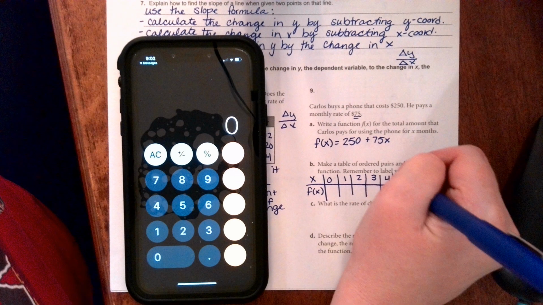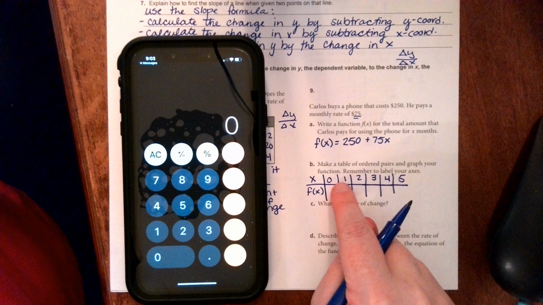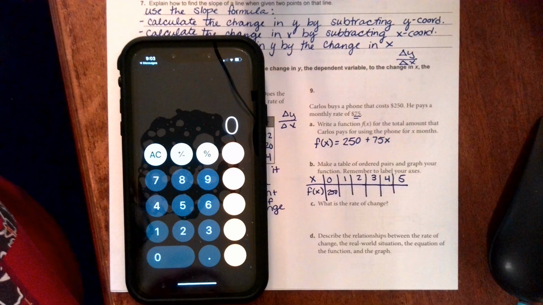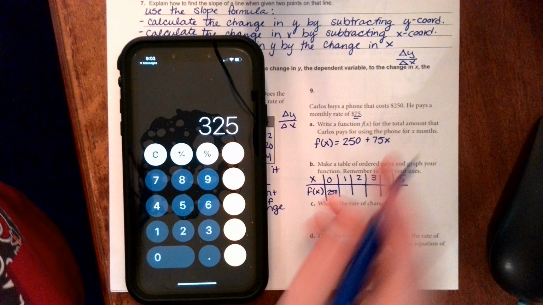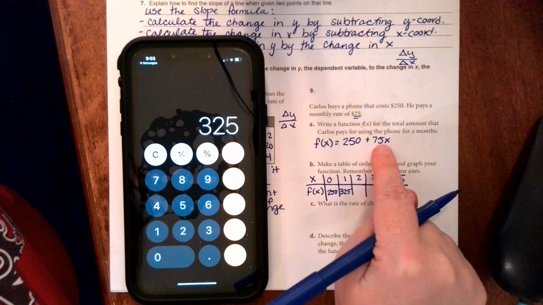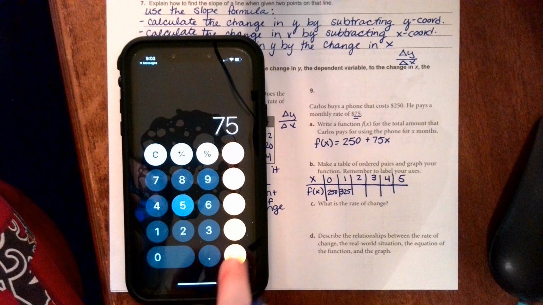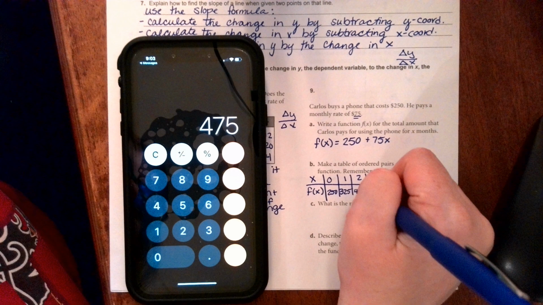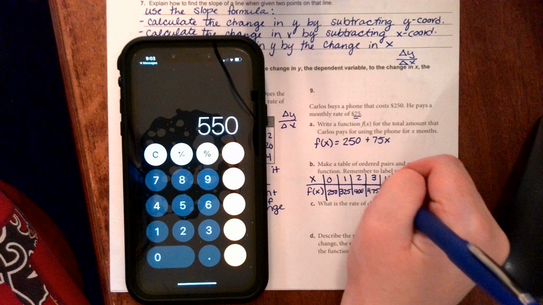Okay, so if I don't use the phone at all for 0 months, I still paid the $250 for the phone. Okay, after 1 month, I'm going to add 75. After 2 months, and we could take this and plug this in, but remember, we're adding 75 each time. So that would be 400, 475, 550, and 625.